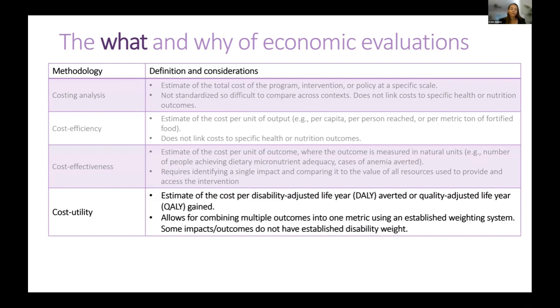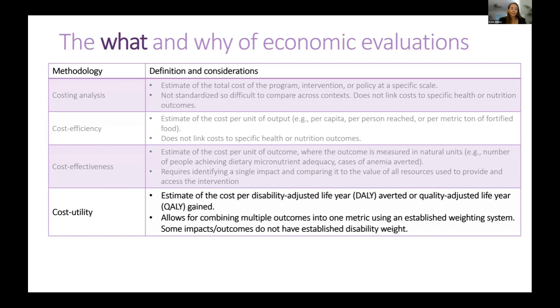But what distinguishes cost utility from cost effectiveness is that impacts or effects are translated into disability adjusted life years averted or quality adjusted life years gained, meaning that if an intervention has several impacts that can be translated to, say, DALYs, using an established weighting system, such as the disability weights that are used in the global burden of disease, then all of those impacts can be summarized in one cost utility measure, being cost per DALY averted.